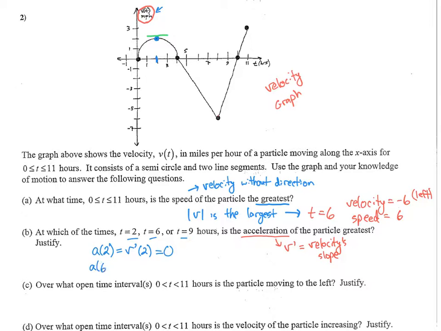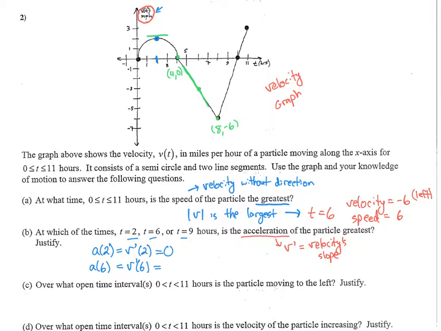At t equals 6, I would say that my acceleration, which again is the slope of velocity, let's take a look. At t equals 6, we are at that point right there. So we're looking for the slope of this line. Let's go in and calculate it. This point right there is, it looks like 8, -6. And this point right there is 4, 0.